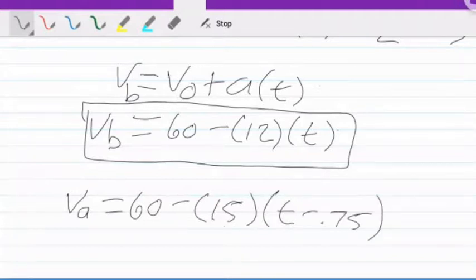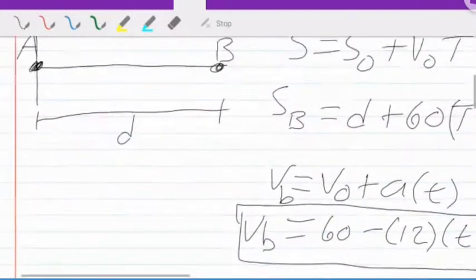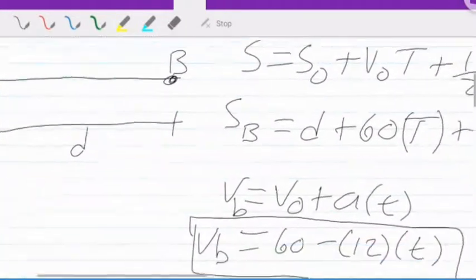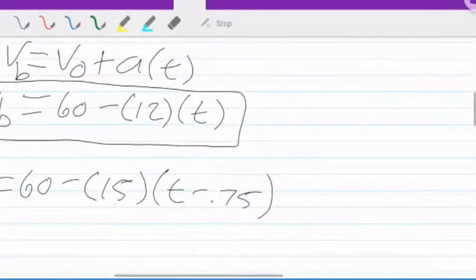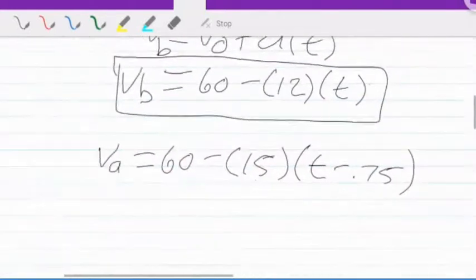We subtract 0.75 because he is behind car B, so the time starts when car B hits his brakes, and so car A will have a shorter time than car B by the time their velocities equal each other.